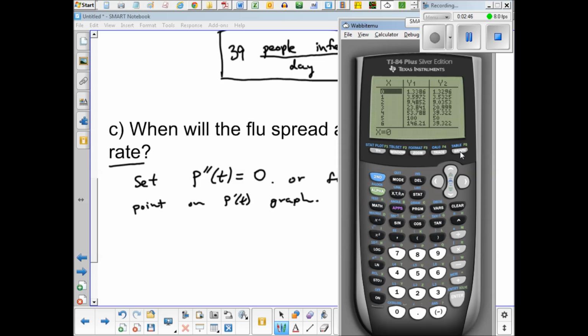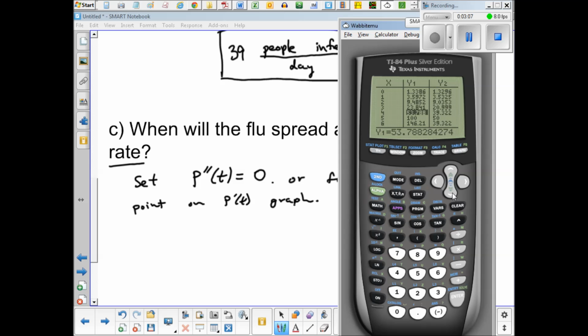There we go. Okay, so you can see here y1 means the first day one person was sick and was growing at the rate of about 1 person per day. Second day, 3 people were sick, growing at about 3 per day. And then 9 people were sick, growing at 9 per day. And then 23 people were sick, growing at about 20 people per day.